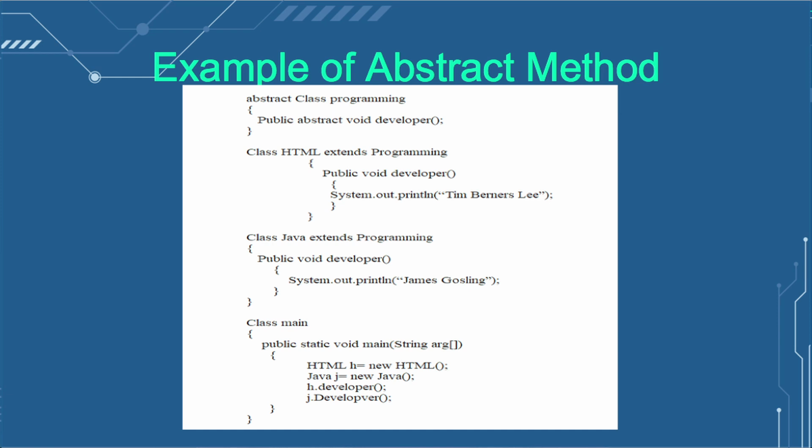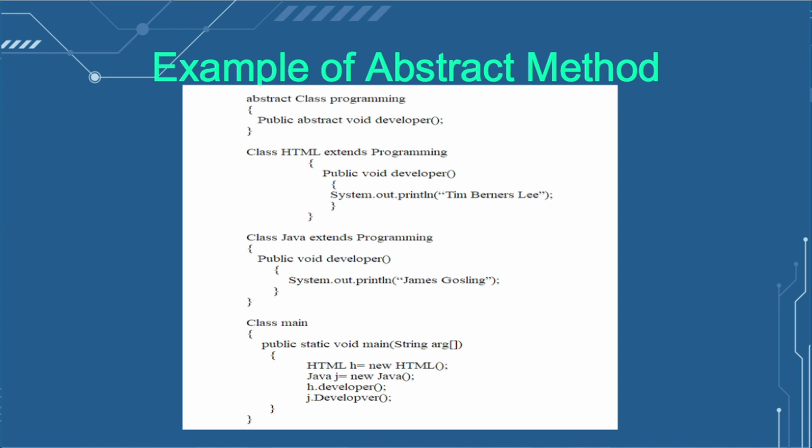In this class we have to override the method developer. It will print the developer name of HTML, as you can see in this example. We have also created a class Java which extends the parent class which is Programming, right? We have also overridden the method which is developer.